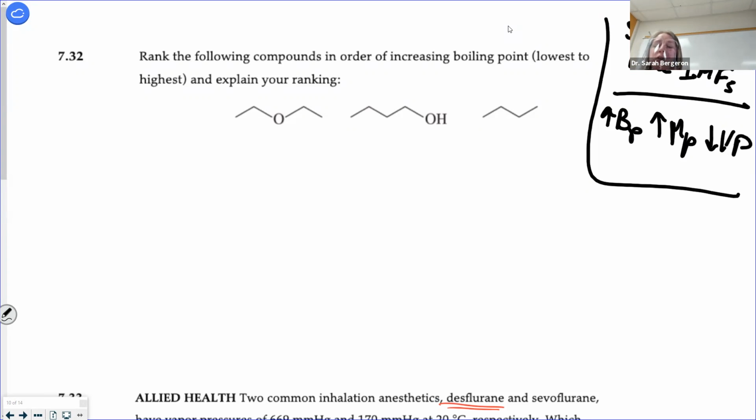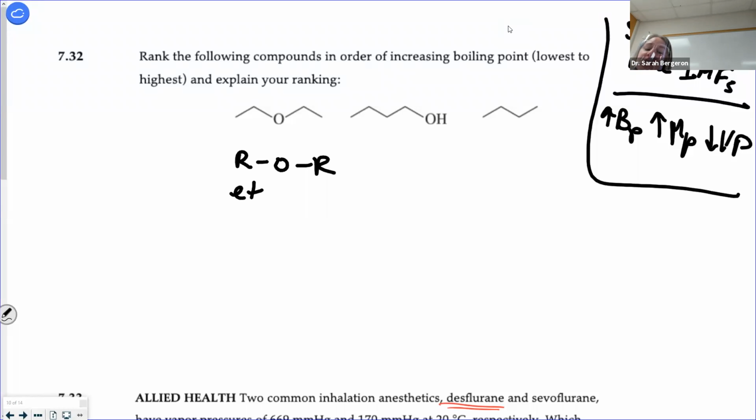Okay, so let's talk about each of these three compounds. That first compound, what functional group is in there? Do you remember when I said you had to learn your functional groups and they were really important? What functional group is there? It looks like this, ROR.